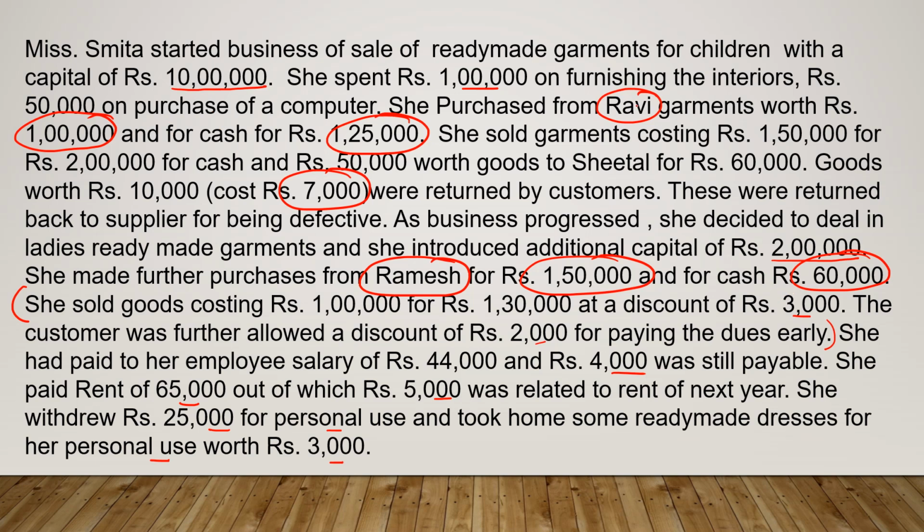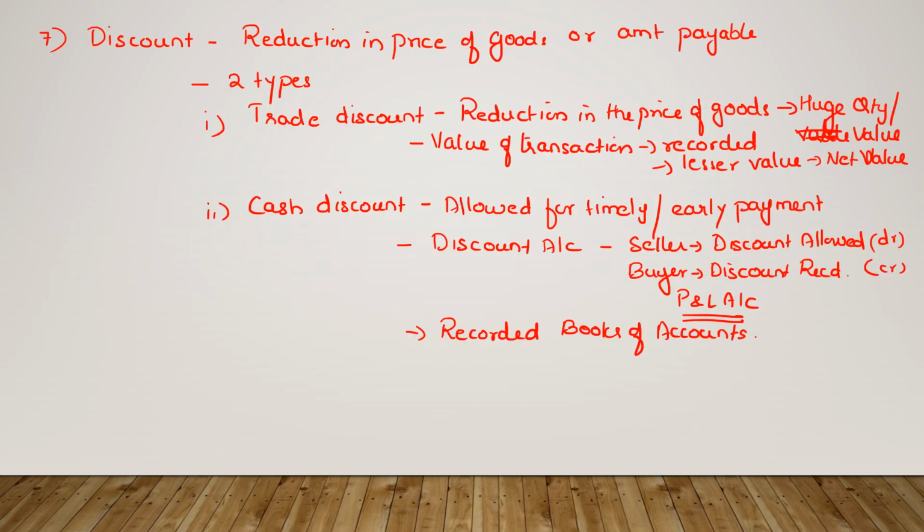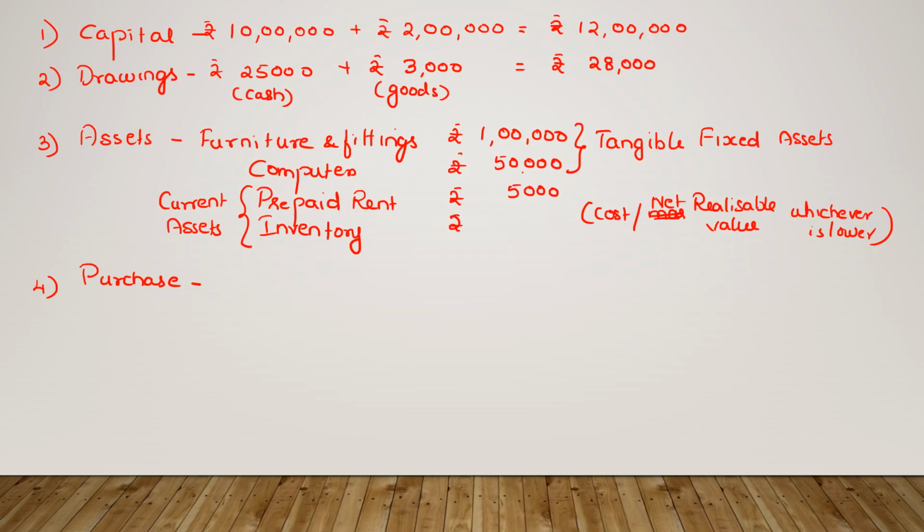There's a purchase from Ravi for 1 lakh, cash 1,25,000. Again, credit purchase from Ramesh 1,50,000, cash purchase of 60,000, and there is a purchase return. So let us note this down and see what is the total amount of purchase. So we'll take Ravi. So it's a credit purchase of rupees 1 lakh.